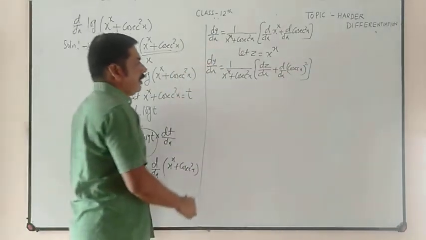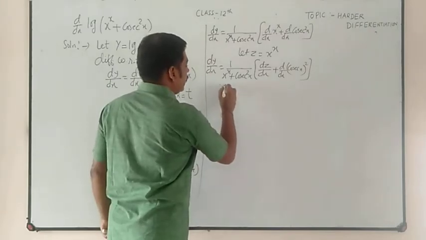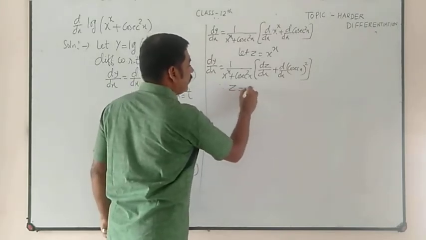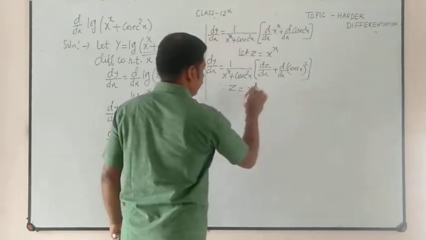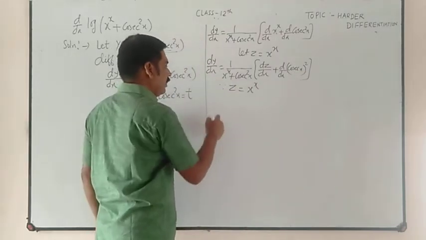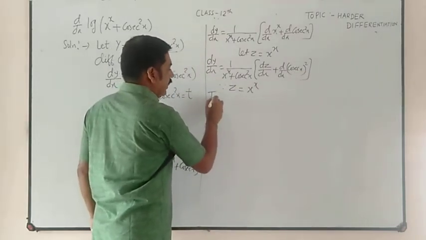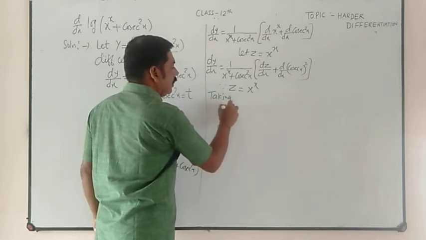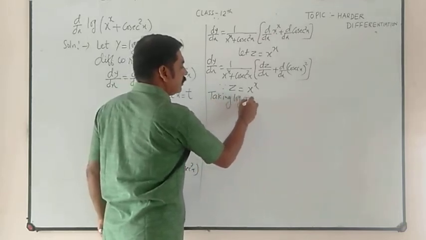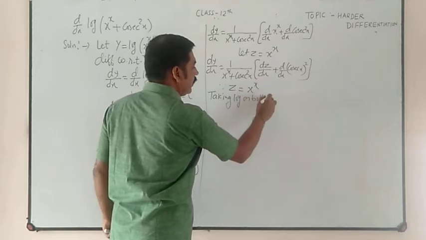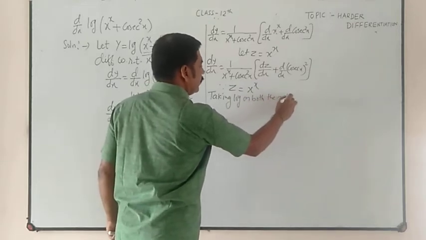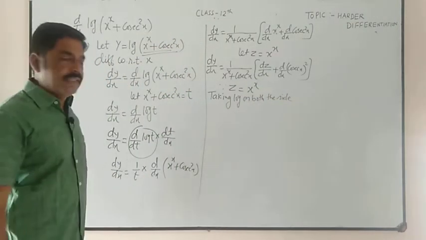Now, since z is equal to x raised to x, variable raised to variable, we take log on both the sides.